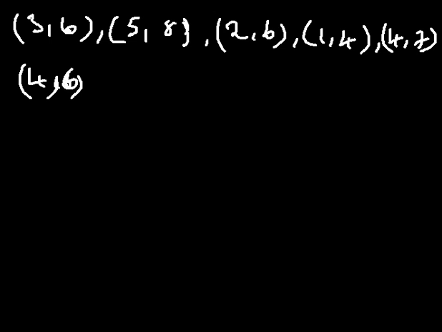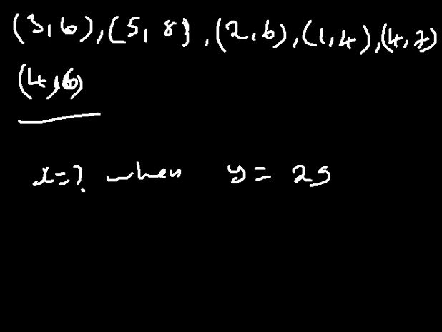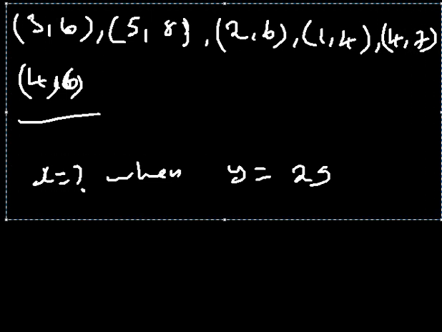Now we should come up with the equation of the regression line, and hence we should have the value of x when y is given as 25. So how should you have that one? You should try that one as well, and also try to come up with the equation of the regression line.